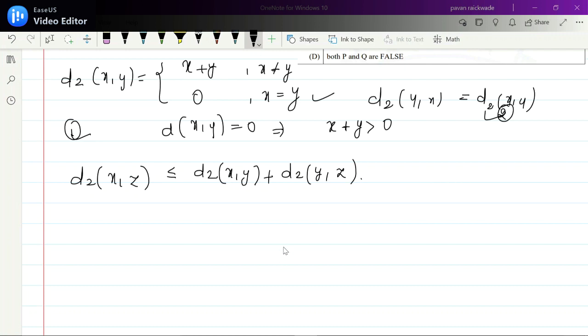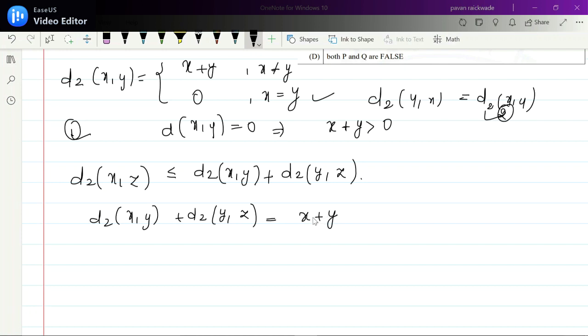Okay, so let's think how can we do this. Let's start with the right hand side now. What is d2 at x comma y plus d2 at y comma z? d2 at x comma y is x plus y. Okay, I am assuming all these are different.